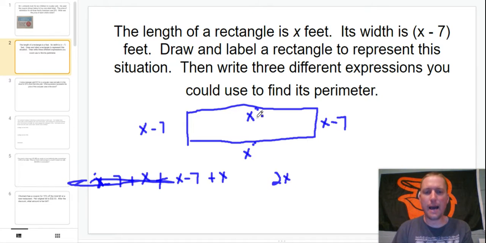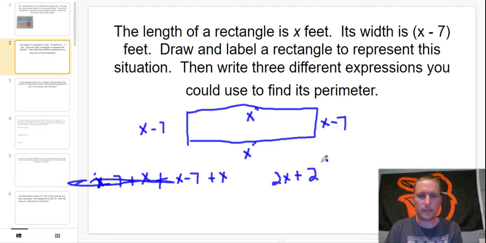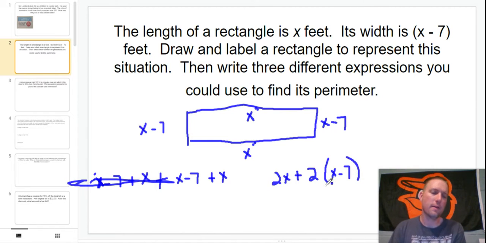And I could add those sides plus 2 times x minus 7, which would give me 2x plus 2 times x minus 7. Excellent. Okay, so this would be another way to write this situation using an expression.